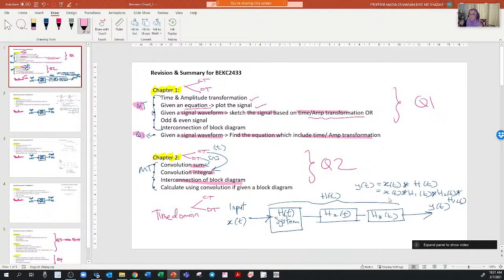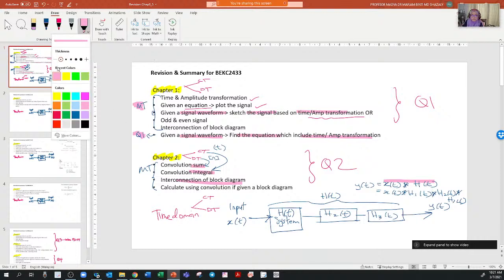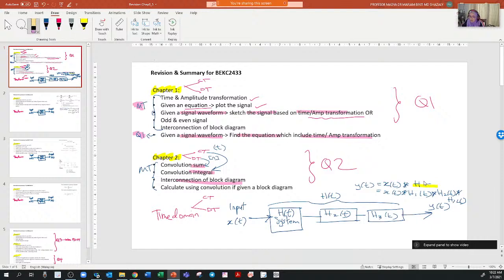You can actually do it all together when you do convolution. First, how you do convolution is you do this convolution first, x convolve with h1(t). Next, do it in sequence. Sorry, not that one.